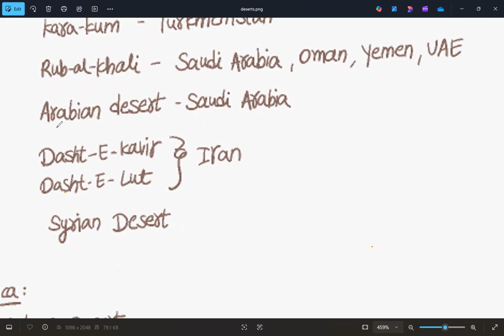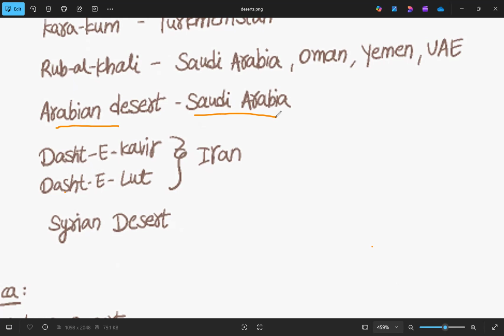It is rich in natural resources like oil, sulfur, etc. Mostly it is covered in Saudi Arabia, and the rest of the countries are Kuwait, Iraq, Qatar, UAE, Oman, Yemen, Jordan. So these are all the countries where Arabian Desert is spread over.